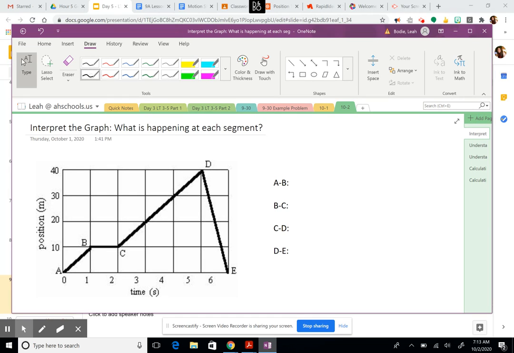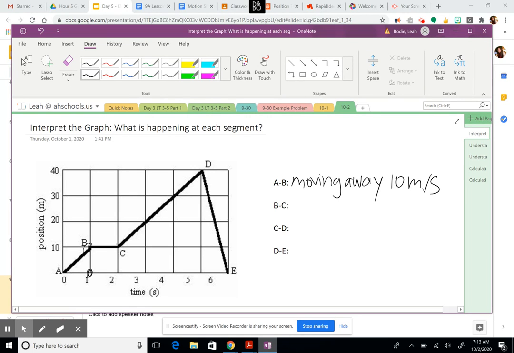From segment A to B, we are moving away. We can also calculate our speed because it's going to be our distance divided by our time. So 10 divided by 1 is equal to 10 meters per second.